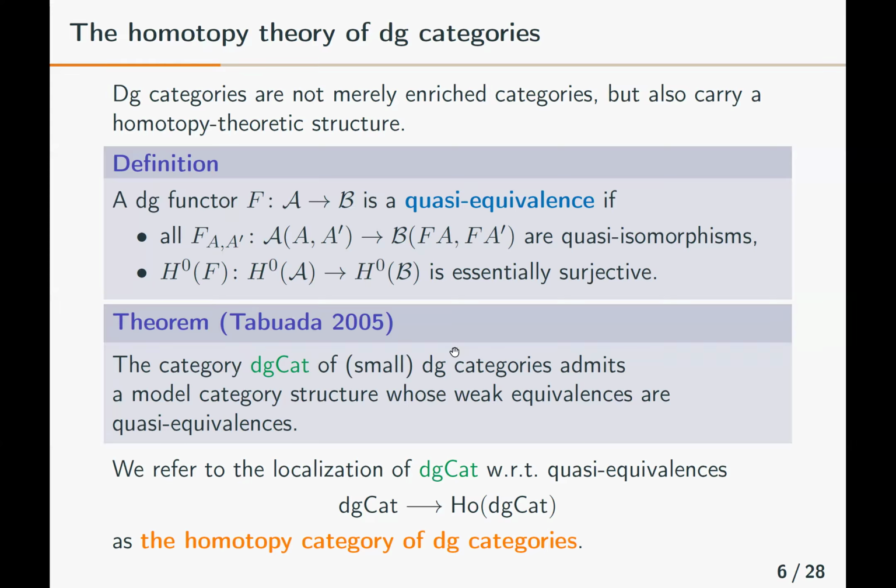The category of small DG categories admits a model category structure in which the weak equivalences are precisely the quasi-equivalences.